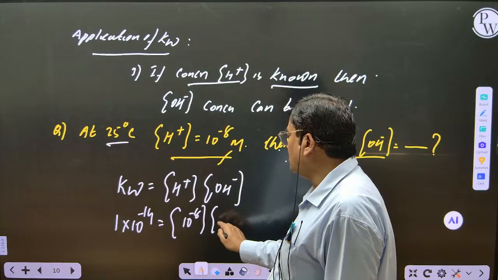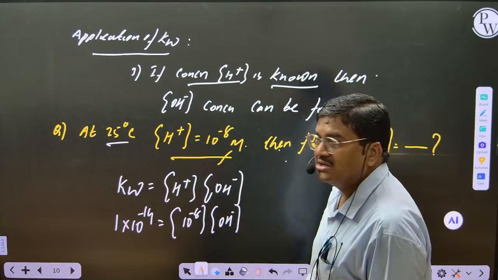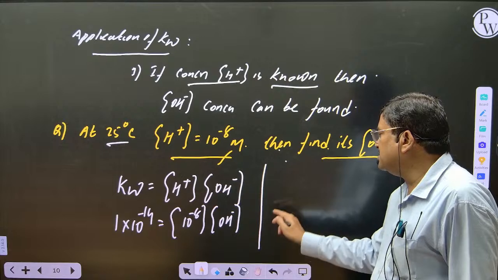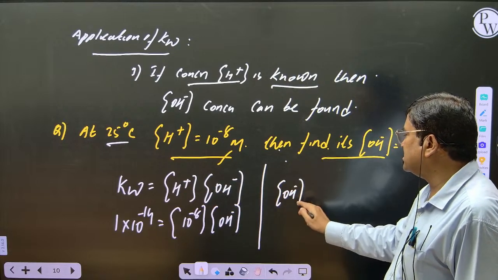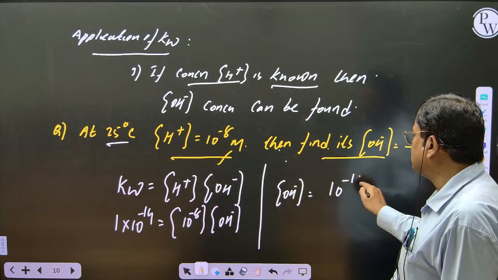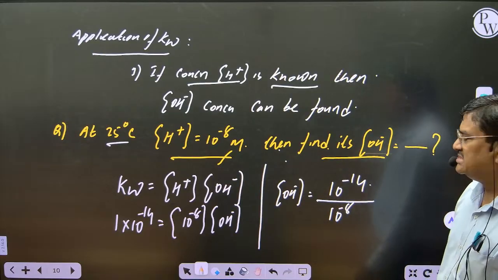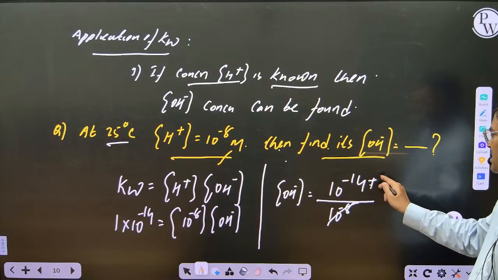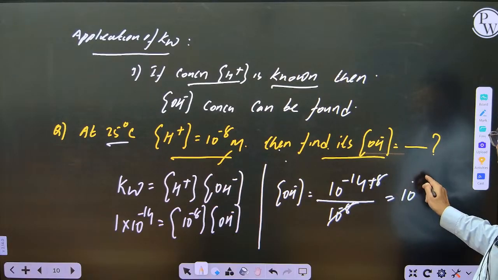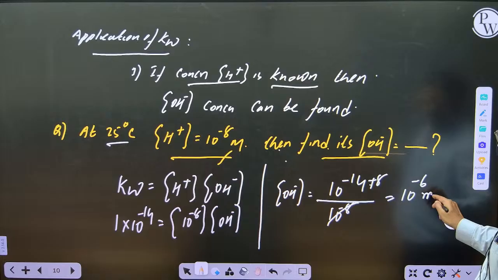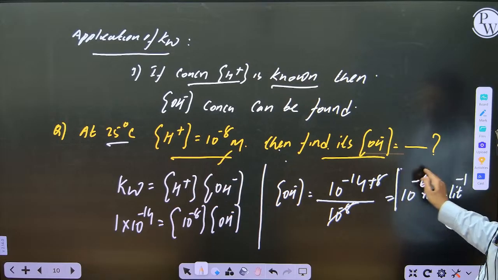Now can I find out the OH minus ion concentration? See how. OH minus ion will be 10 power minus 14 upon 10 power minus 8. Bring this minus 8 to the numerator, that becomes 10 power plus 8. So what should be the answer? 10 power minus 6. Unit will be mole per liter, or we can even write capital M.